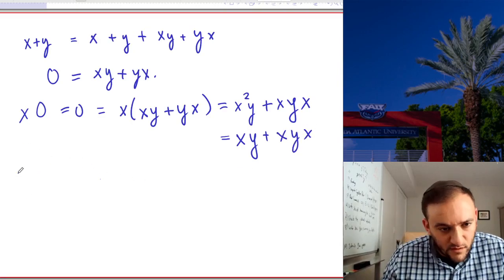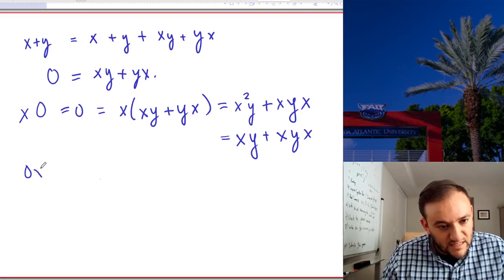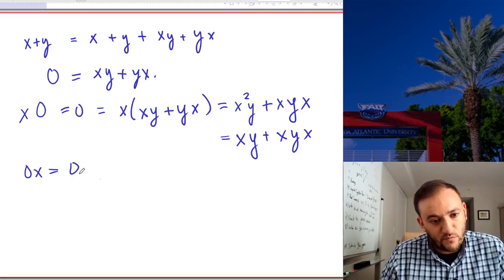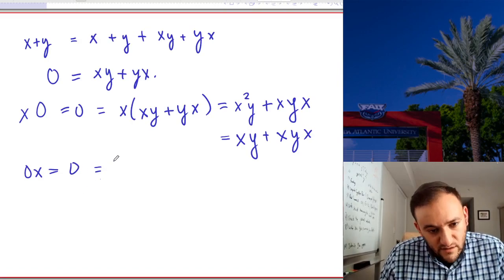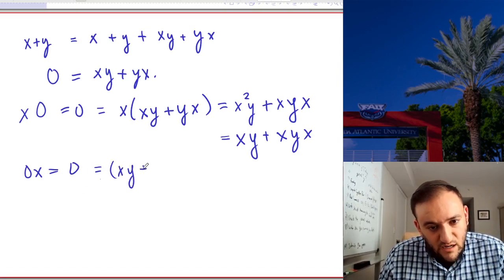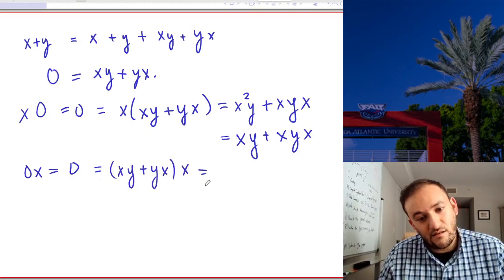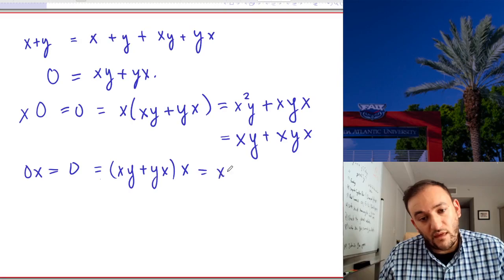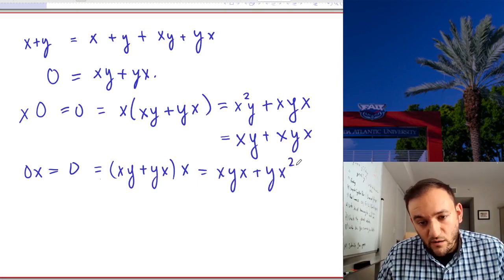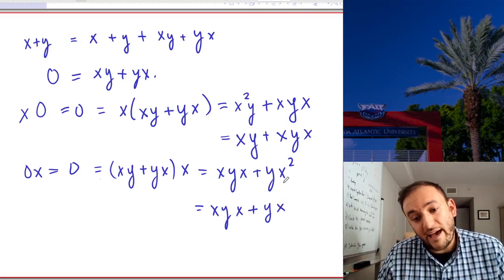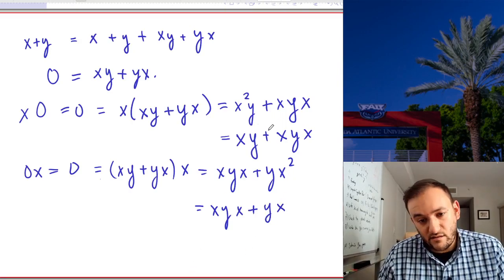What if we multiply on the right? We get 0x, which is equal to 0 as above. And the expression we get here is xy plus yx times x equals xyx plus yx squared. This is equal to xyx plus yx, since x squared is equal to x.